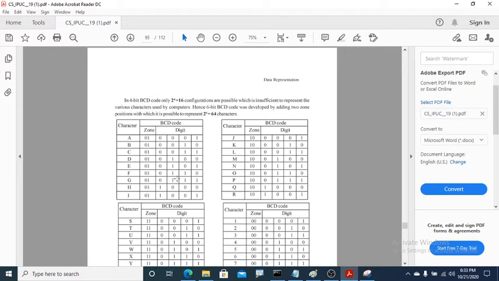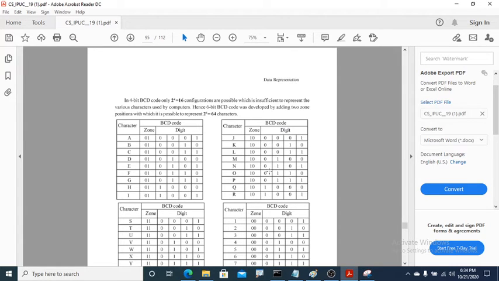We are ending with I. So 7 zeros and 2 ones: 1 2 3 4 5 6 7 8 9. So for 7 alphabets we are taking zeros, and for the remaining 2 alphabets we are taking 1. Okay, now.